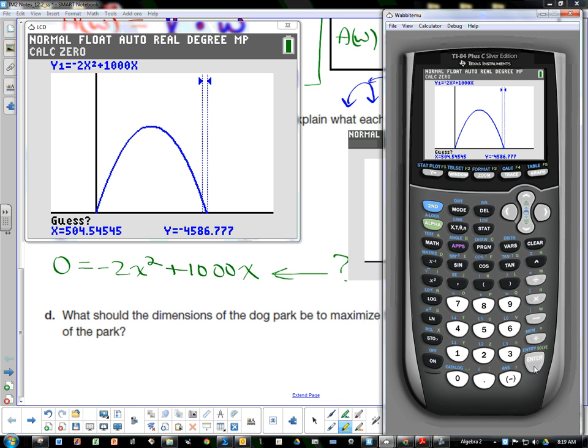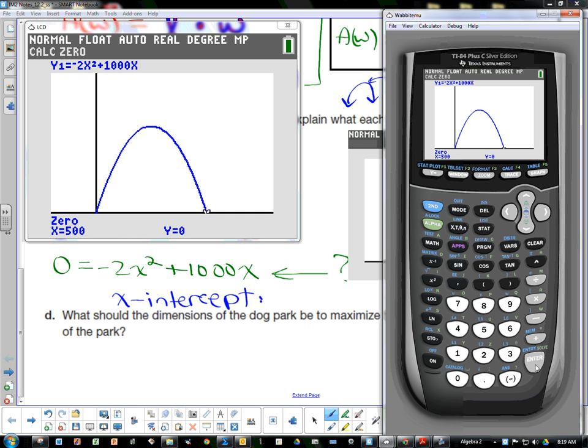All right. It's asking us to guess. You don't have to worry about anything there. You're going to select it again. And look, did it give us the x-intercept? Most certainly did. And that x-intercept should be in ordered pair form. So that x-intercept is 500, comma, 0.